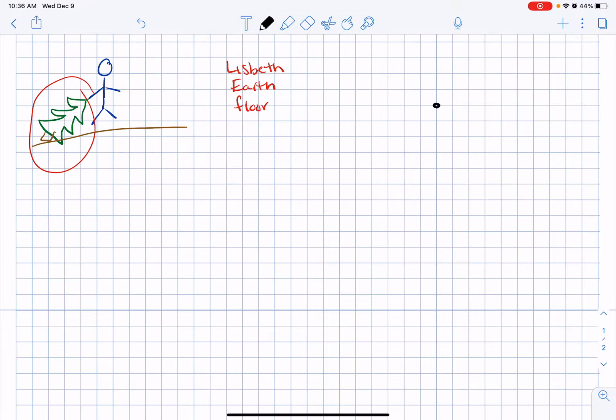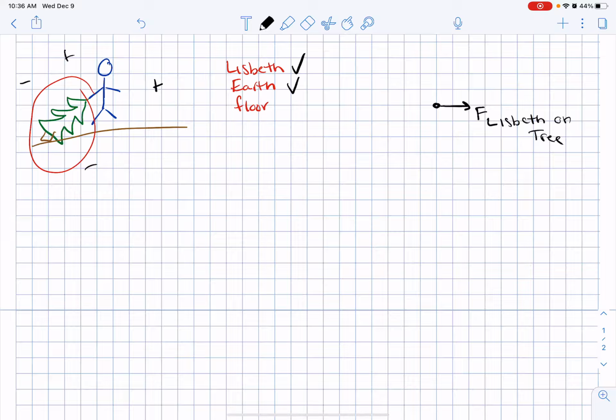So we have Lizbeth is pulling the tree to the right. So I'm putting an arrow to the right and labeling force Lizbeth on tree. Done with that. Let's also add our positives and negatives while we're at it.